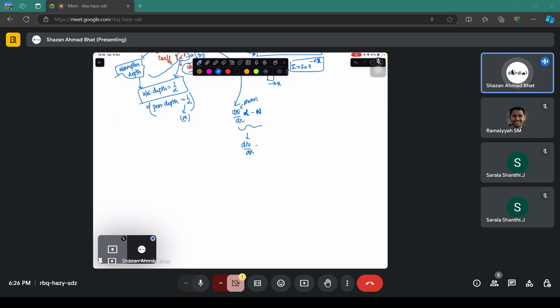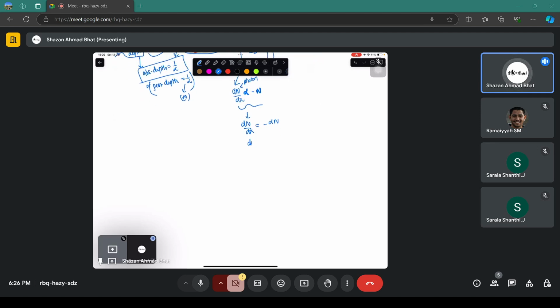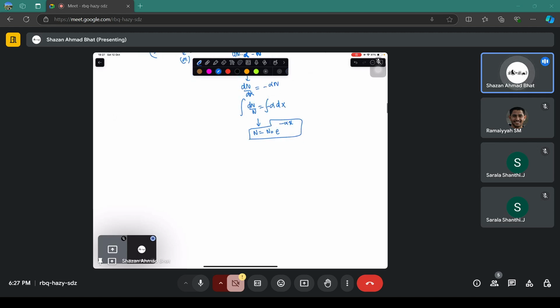That means dn by dx equals minus alpha times n, and you can solve it as dn by n equals minus alpha times dx. You integrate both sides and get n equals n naught e to the power minus alpha times x. This is the photon concentration inside the medium.